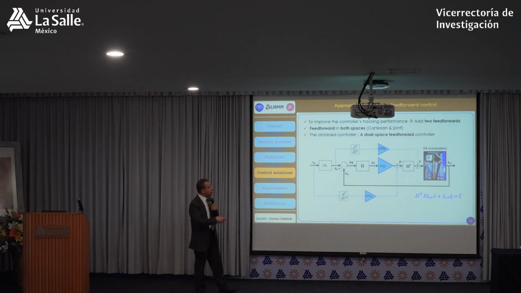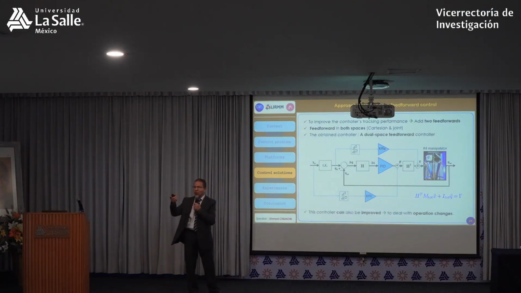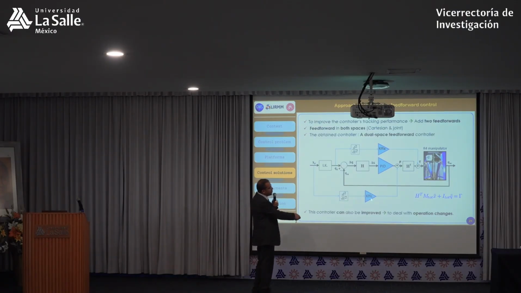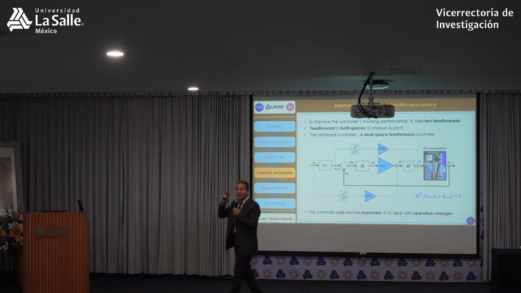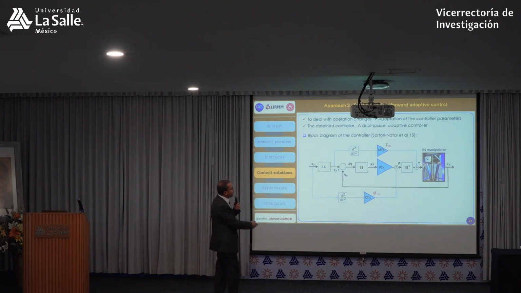So this is the first controller we designed, and then we try to improve this controller again. We found that the problem is here, how we can tune the gains of the feed forward. To avoid tuning of the gains, we want to propose something that works autonomously or is automatically tuned, so we proposed an adaptive version.